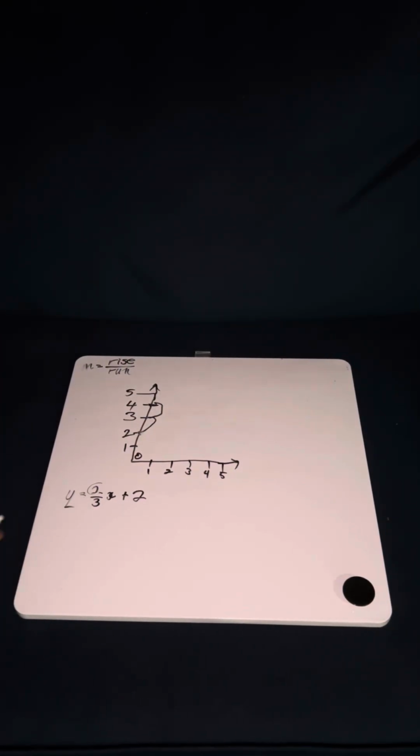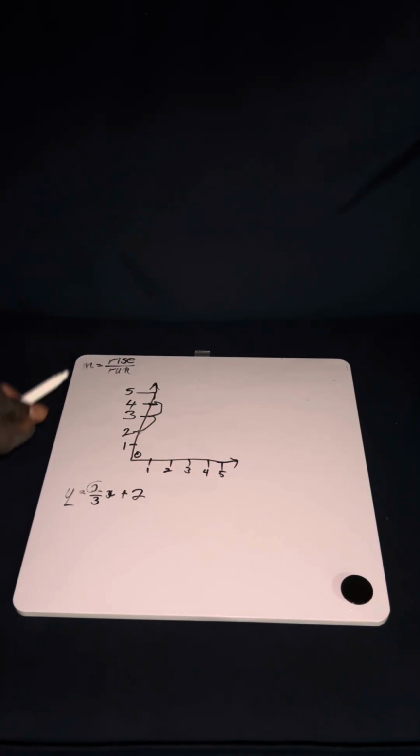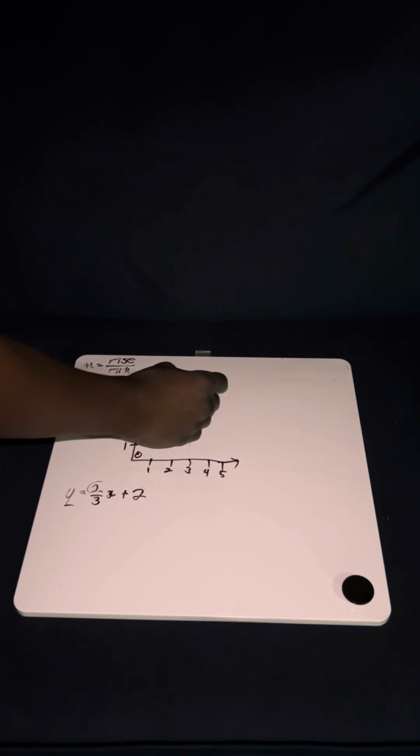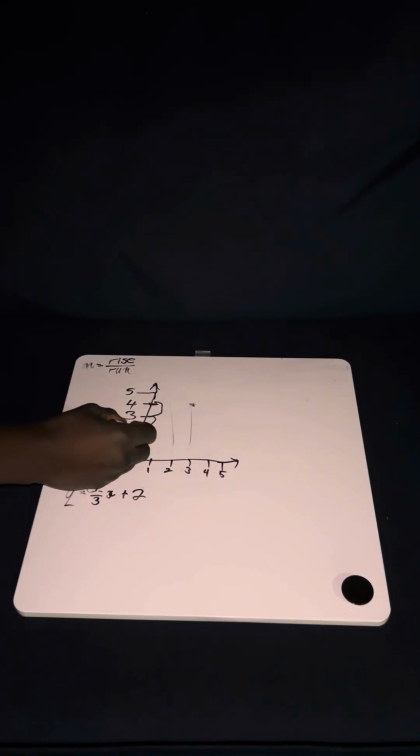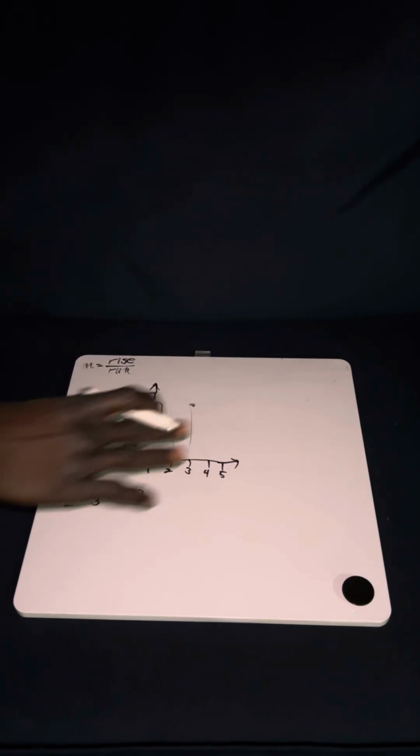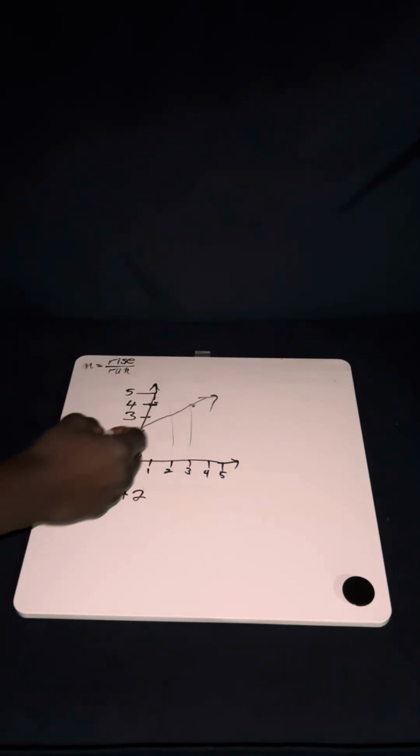The denominator represents the run, and it's a positive figure, so you move 3 times right, 1, 2, 3. So you plot it here. Your second point will be here, and now you draw a line through these points, and you are done with the work.